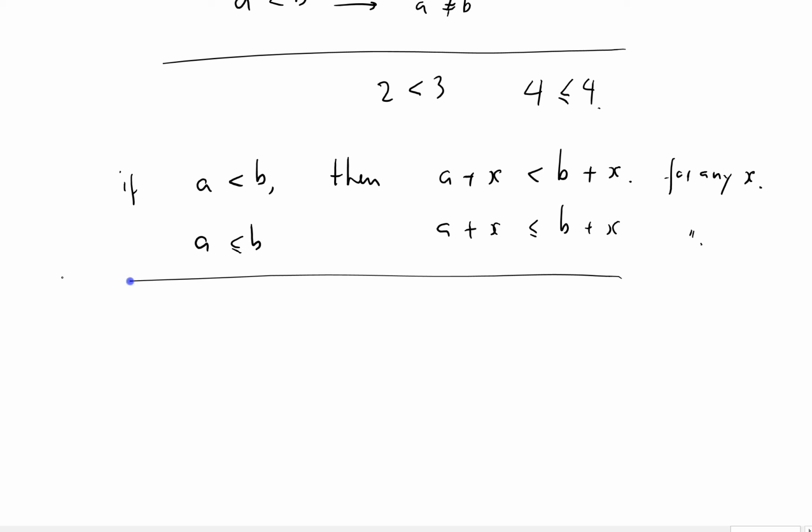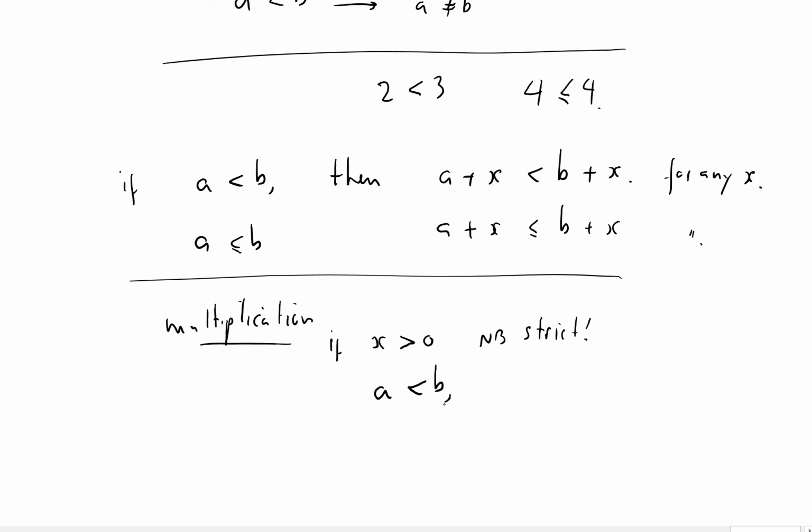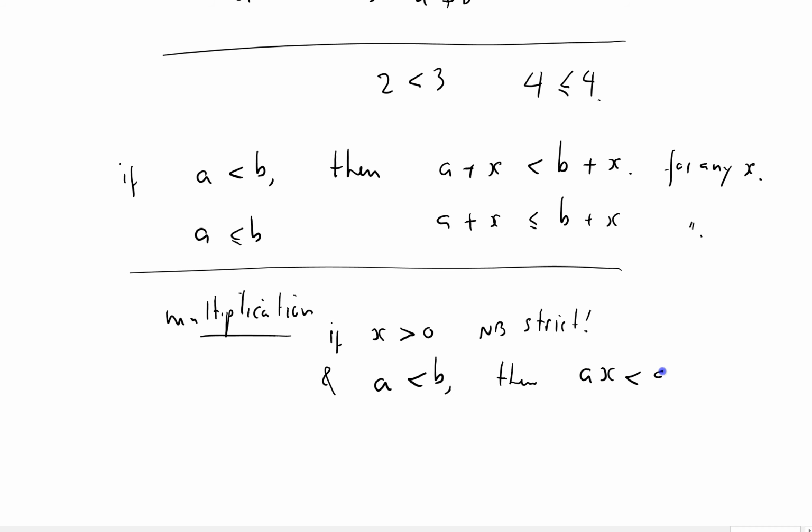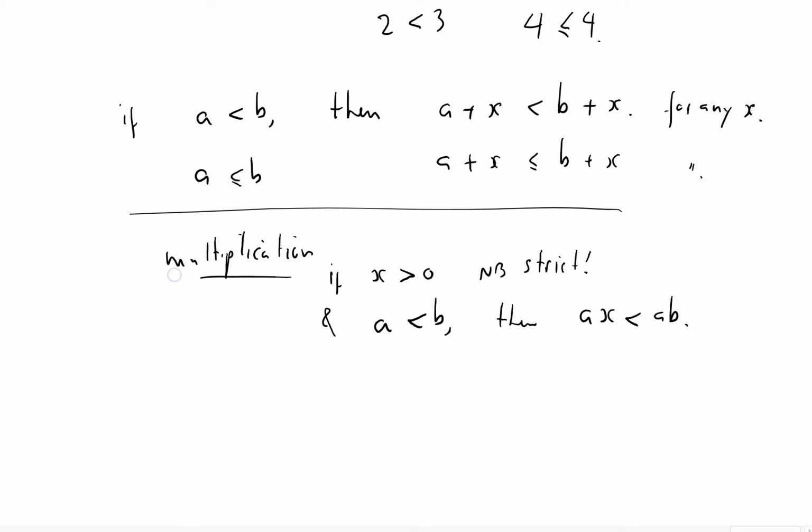Multiplication's a little bit harder. If X is strictly positive and A is strictly less than B, then AX is strictly less than BX. I just want to make the observation that you've got to be a little bit careful about equality here.